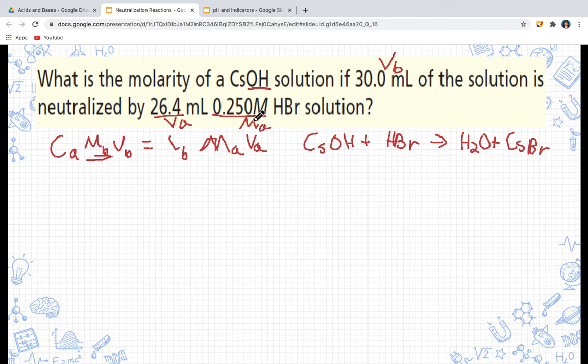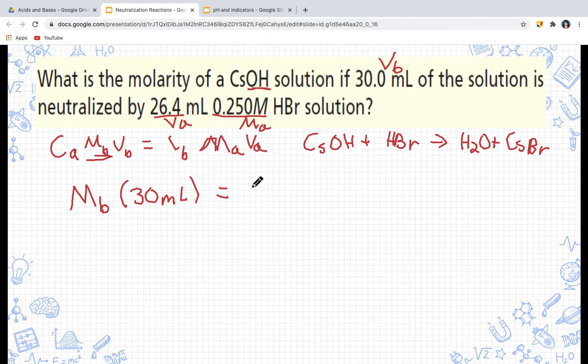So now I'm just going to plug things in. Our coefficient in front of our acid is 1, so I'm not going to put that in there. The molarity of our base, we don't know, so I'm going to just put Mb because that's what I'm going to solve for. Volume of our base, we've got 30 milliliters. The coefficient in front of our base is just 1.